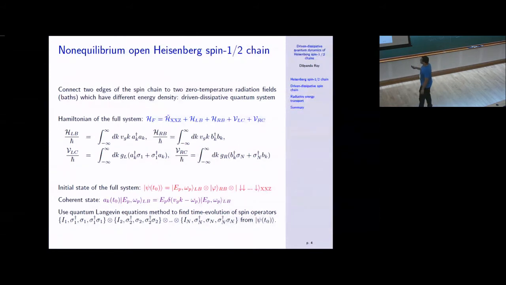In the work which I am presenting here, I will time evolve from this initial state using the quantum Langevin equation method, and I will look at both transient and steady state dynamics of the full system.